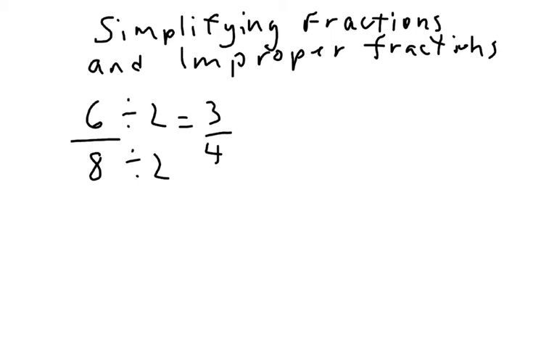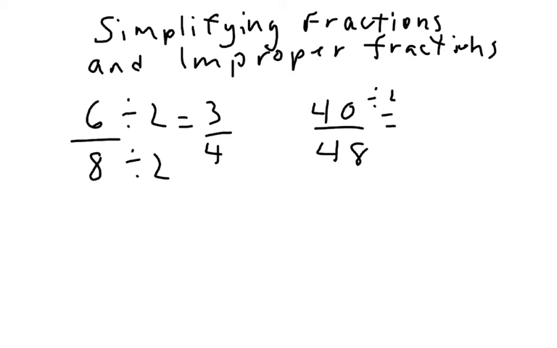If you had 40 over 48, and you find the largest number that goes into both 40 and 48 and do that division right away, then you'll get lowest terms right away. In this case, the largest number that goes into 40 and 48 is an 8. But I can take a smaller number.